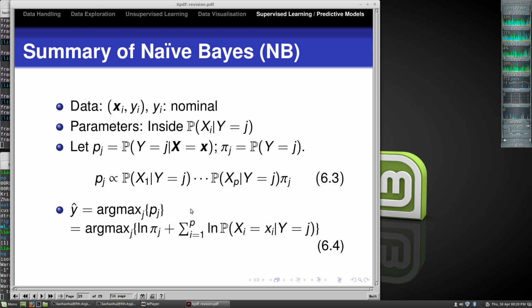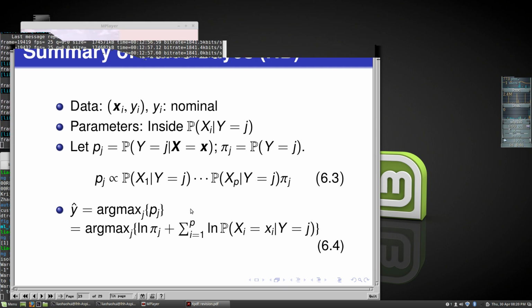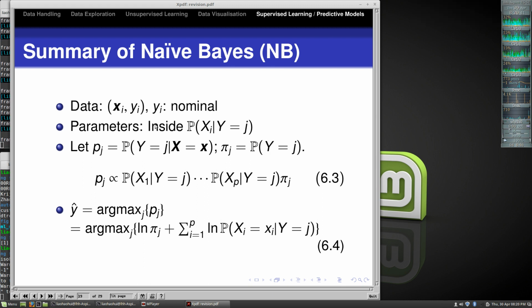For categorical data, we are just going to use the categorical naive Bayes, and for numeric data, the approximation to be used is Gaussian naive Bayes.